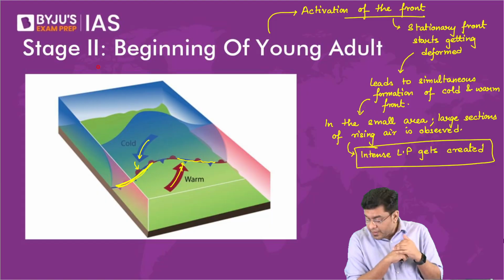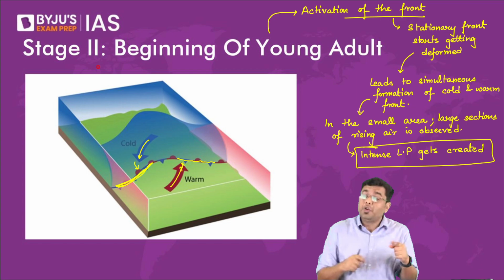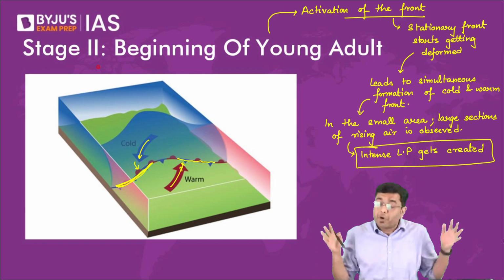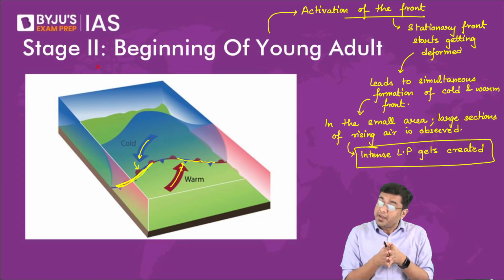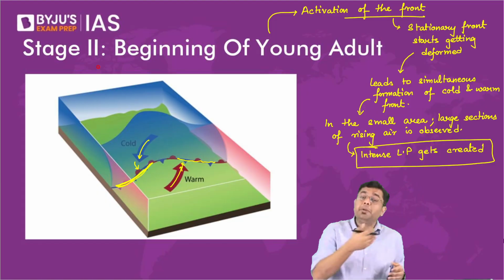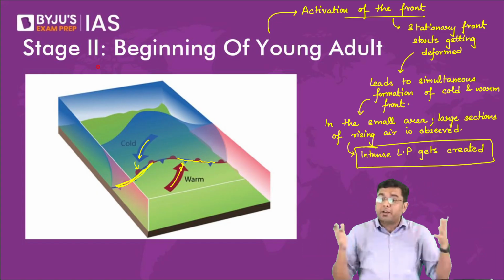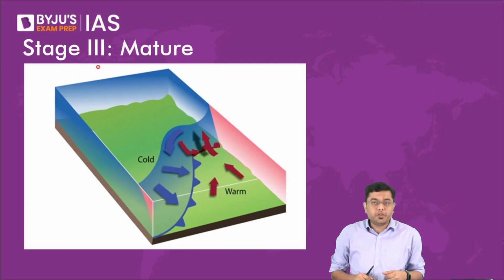Okay. So that is where, when we talk about it, basically the intense low pressure when it gets created, what would that do? It would attract winds. Attract winds from where? From all directions. Wherever there is an associated high pressure, it will attract winds from that region, isn't it? So high pressure will be there from the polar region as well. High pressure is there from the tropical region as well. More winds will be attracted from all directions. That brings us into the mature stage of a cyclone.